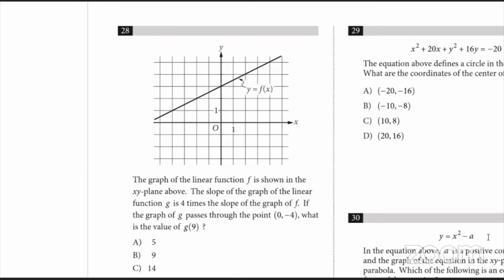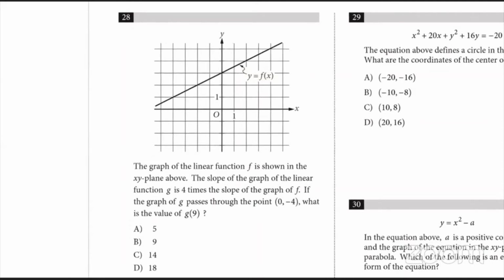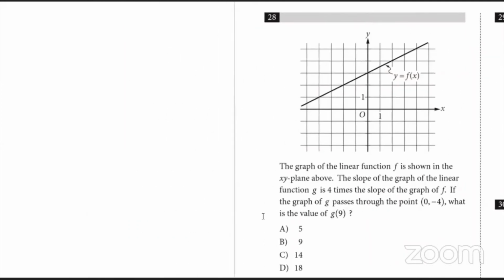And now we're going to question 28. Okay, so here we have the function f. So that's the function f, it's a line. The problem tells us about the function g, and g has a slope that's 4 times the slope of f. So what is the slope of f?